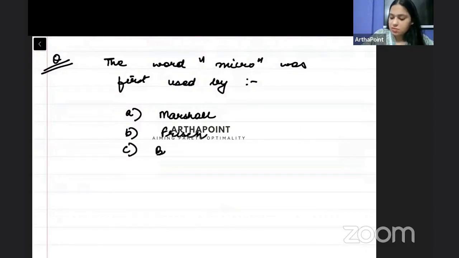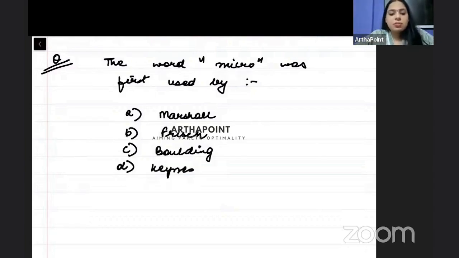Option number C, Boulding. Option number D, Keynes. Who used the term micro for the first time, right? So you need to go ahead and answer this question. Okay. You're saying B. Anyone else? Who used the term micro for first time?